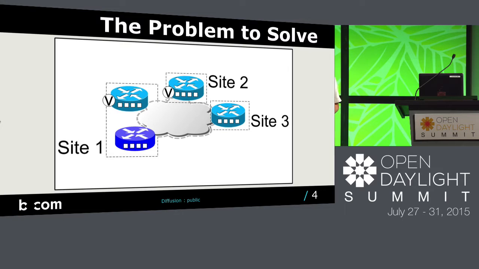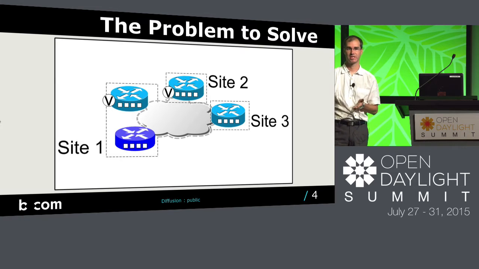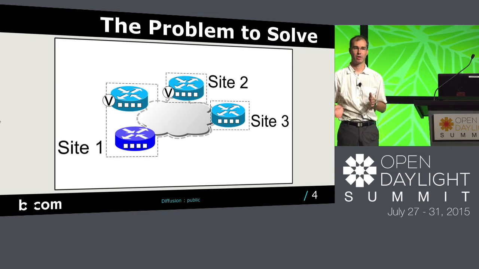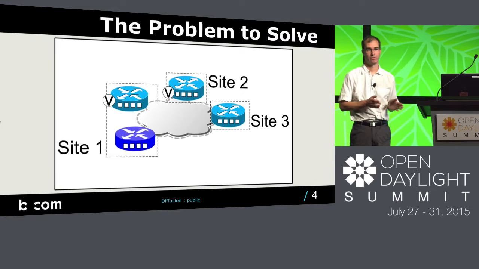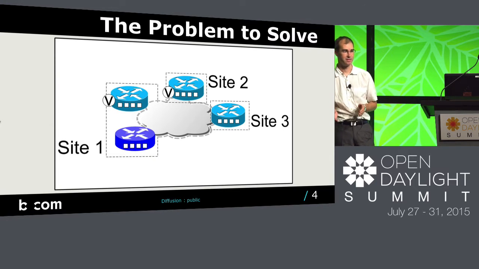The first is that we have devices, here routers, from multiple vendors. And the second is that we have both physical and virtual routers. We wanted this because we think that on the way to full network virtualization, there will be a time where you will have both physical and virtual devices.